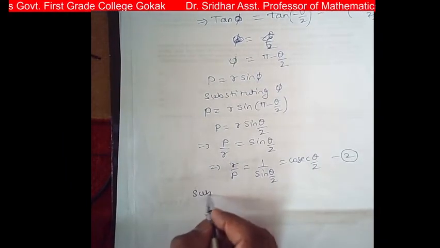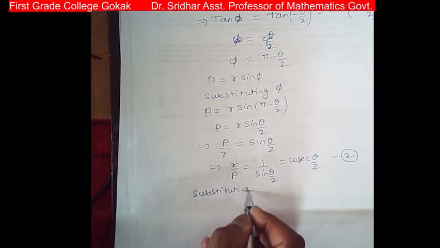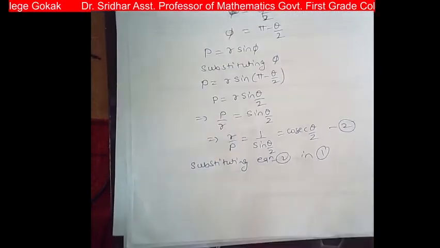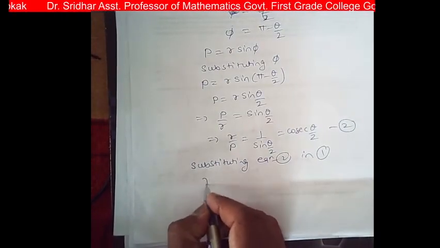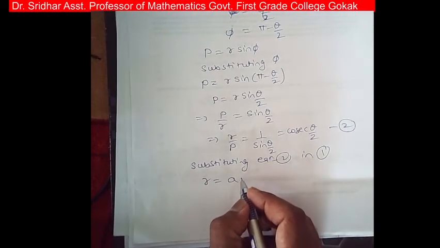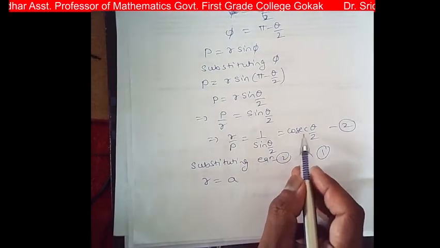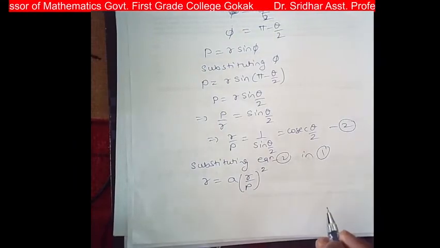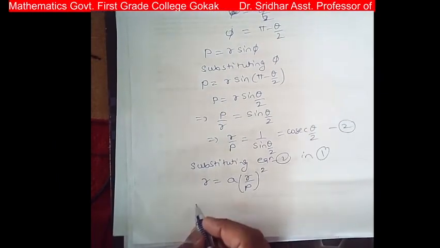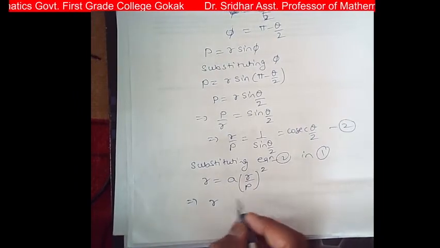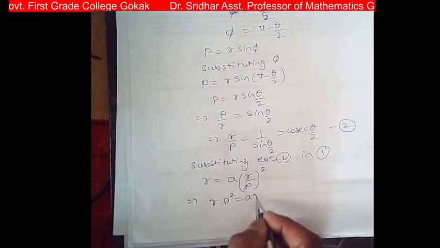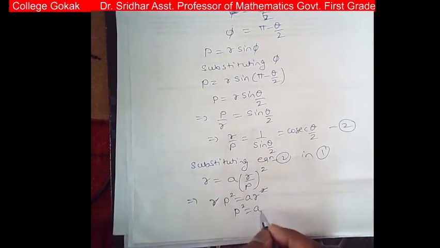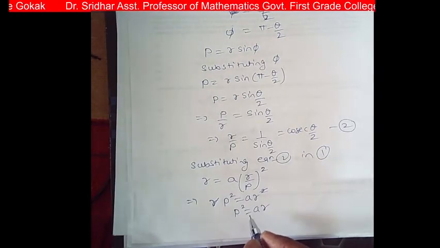Now substituting equation 2 in 1. Okay, so in equation 1 we have R is equal to A cosec square theta by 2. So what is cosec theta by 2 from this equation? It is R by P. So cosec square means it is whole square. Okay, and cross multiplying, which gives R into P square, which is R square, or R and R get cancelled, P square is equal to AR.